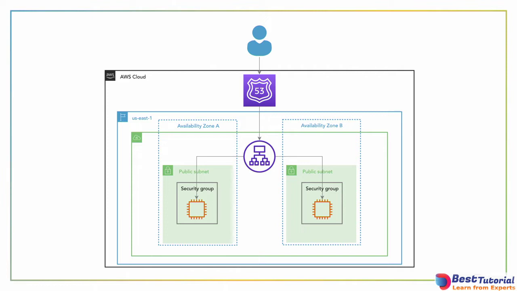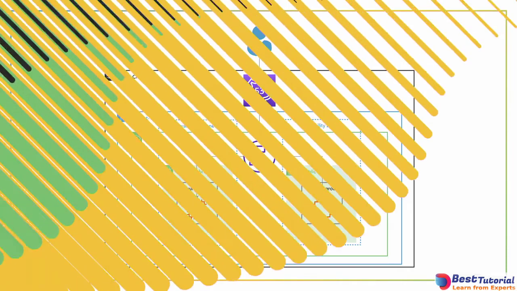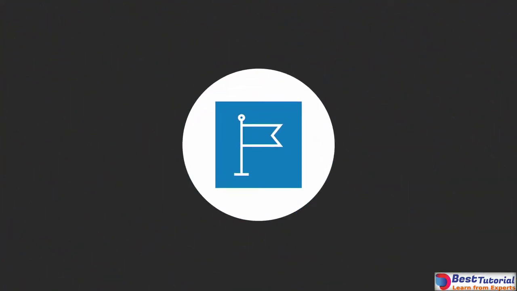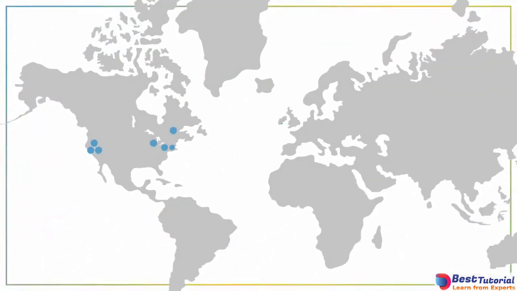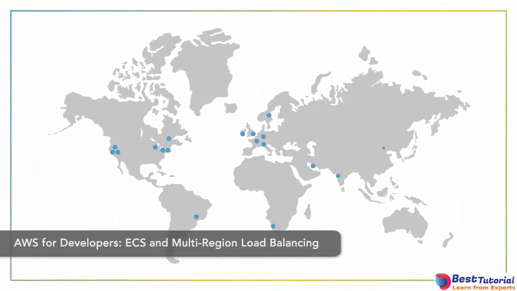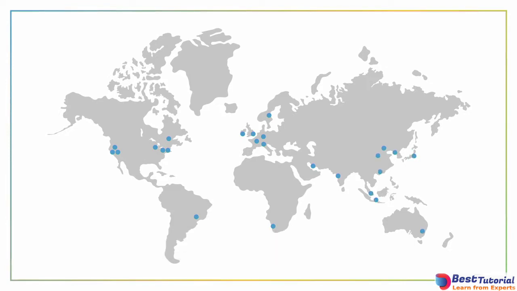We'll set up 2 servers within the same region, but in different availability zones. If your application needs to be built to withstand the failure of an entire region, check out my other course on ECS and multi-region load balancing, and search our catalog for AWS High Availability for some other courses on how to design applications for the highest uptime.